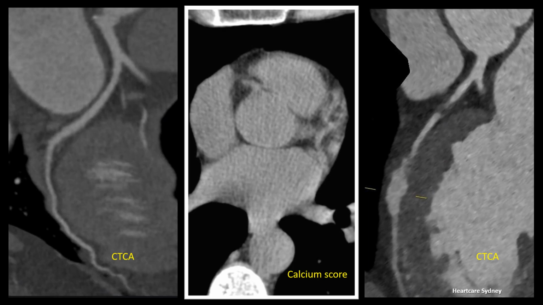Here we have a few more examples of CTCA versus calcium score. On the sides, we have two images of CTCA. If you look at the left image, you can see a clear and nice artery with absolutely no blockages. The reason we can see the artery quite clearly is the presence of contrast material inside the artery and the aorta, which creates this beautiful differentiation between the artery and the surrounding tissues.